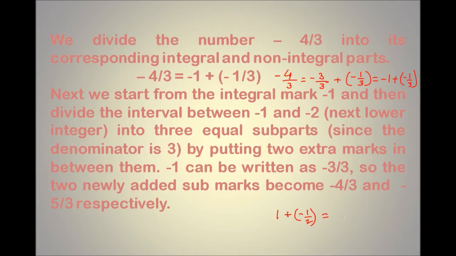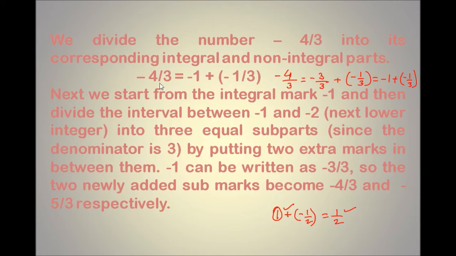So what do we get? We get a plus half. So originally we were having a plus 1. Now we are having a plus half. So the value gets decreased to half. So whenever we add something negative to any number, its value decreases. That is, it becomes more negative.